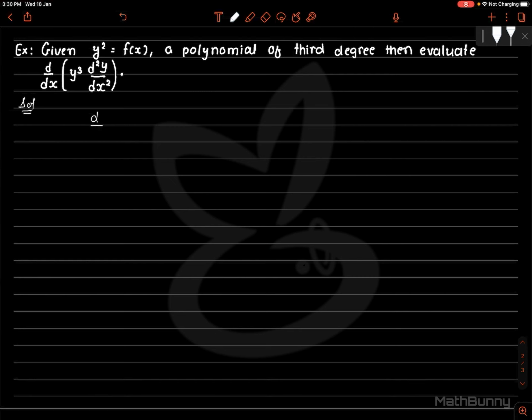It is given d by dx of y cube into d square y upon dx square, which is equal to 3y square into dy by dx into d square y upon dx square plus y cube into d cube y upon dx cube.